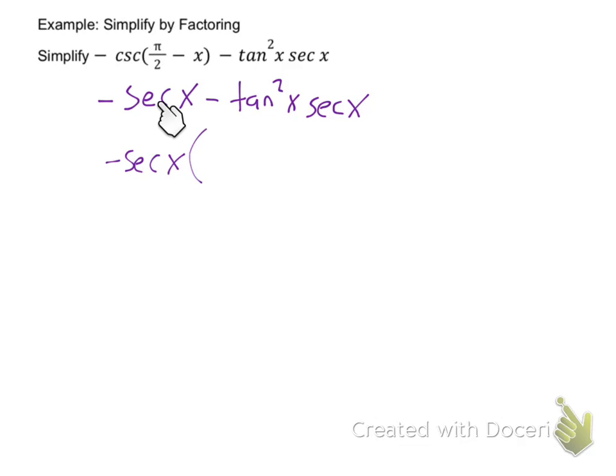So if I take and divide negative secant x by another negative secant x, I get 1. A negative tangent squared x secant x by a negative secant x. Negative makes a positive, and then the secants will cancel out.